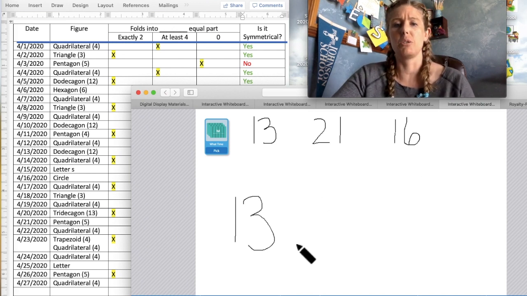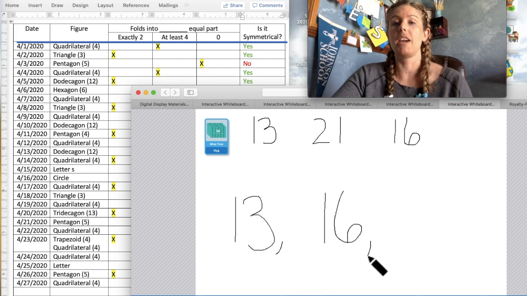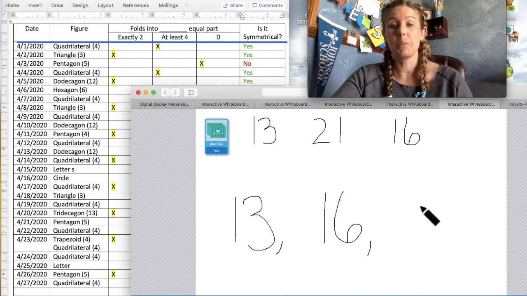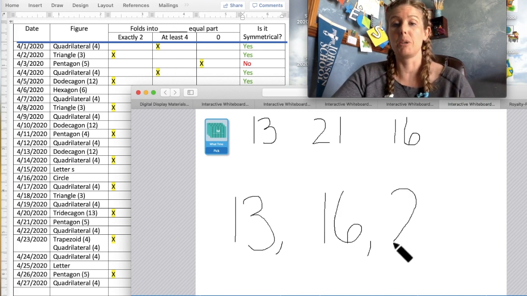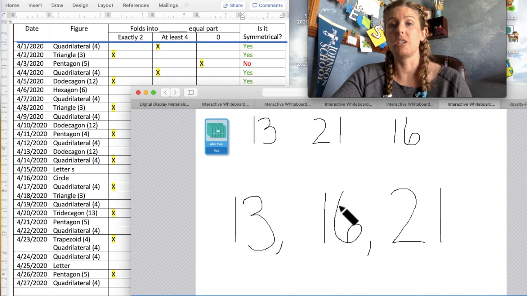So we are going to write a comma because we're making a list of numbers in order from smallest to largest. And so then our largest number must be 21. So we are going to put a 21 down. We have compared our numbers from smallest to largest. 13, 16, then 21. Nice job, first grade.